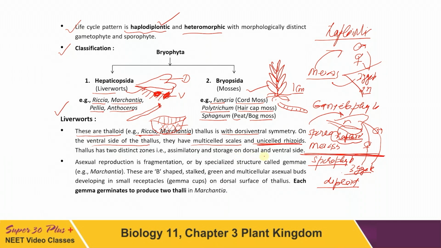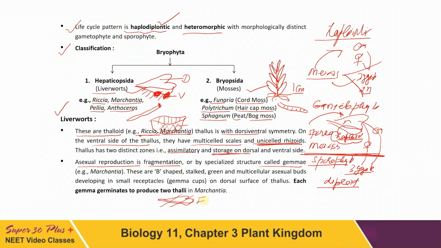That is the storage region. Asexual reproduction is by fragmentation or by specialized structures called gemmae. If this is a liverwort, like Riccia, it may be divided into fragments. Each fragment will develop into a new one.